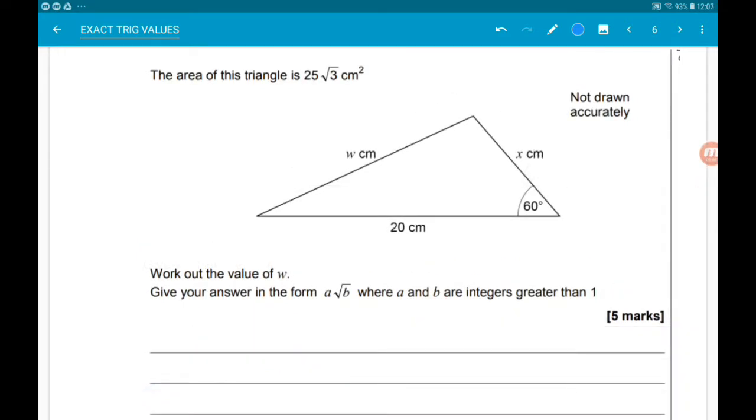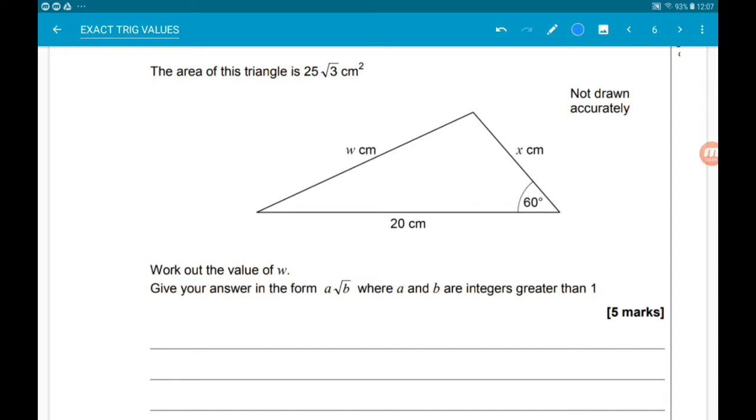Okay, so using that then, we can say that the area is equal to 1/2 times 20 times x. So times 20x times sine of 60.